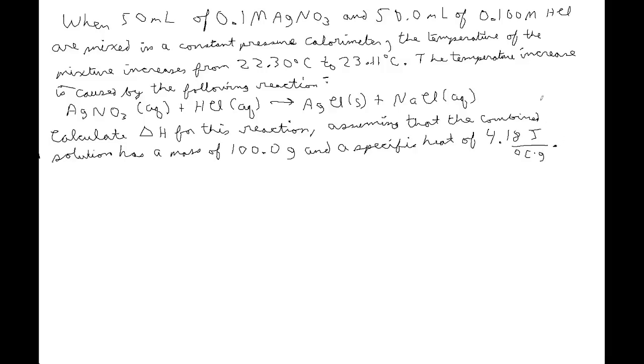Let's try this problem. I don't quite follow your reaction. AgNO3 aqueous plus HCl aqueous forms AgCl solid plus NaCl aqueous. You mean you can't read my writing, or something doesn't make sense? Well, you say that we have 1 molar AgNO3 and HCl. I'm not sure where the sodium is coming from.